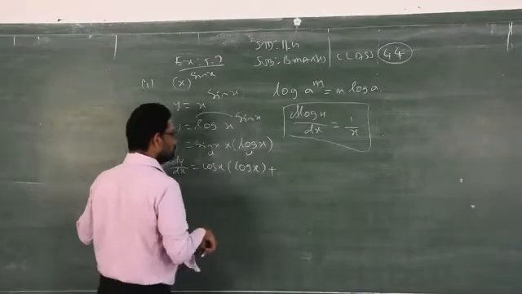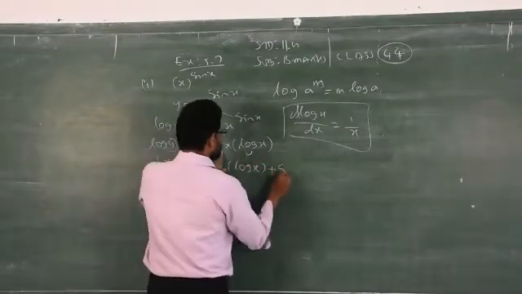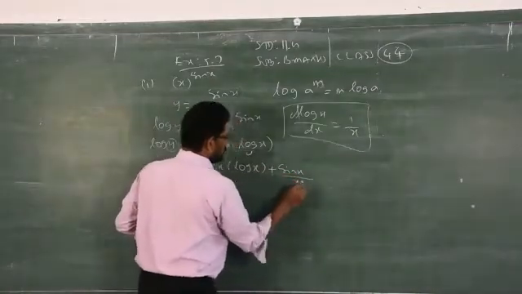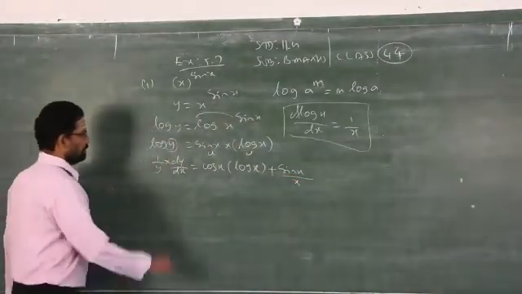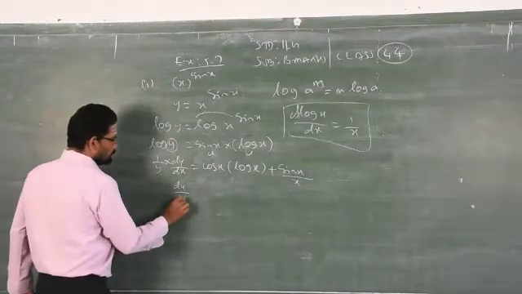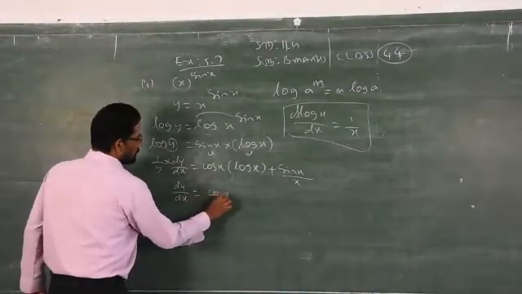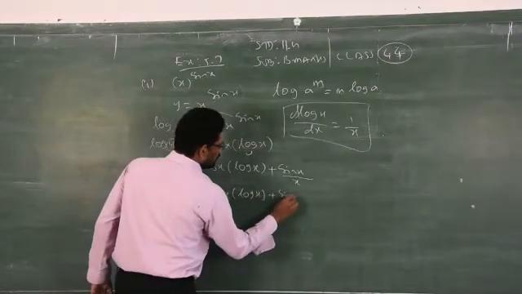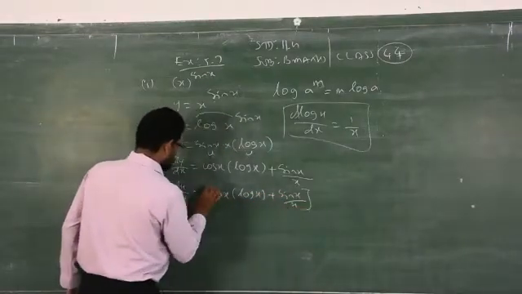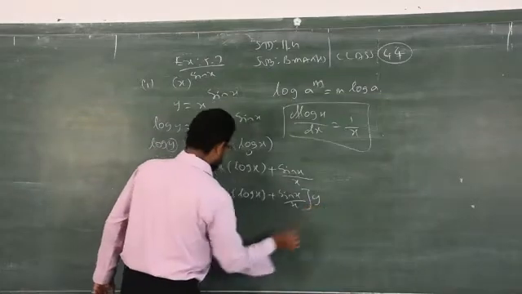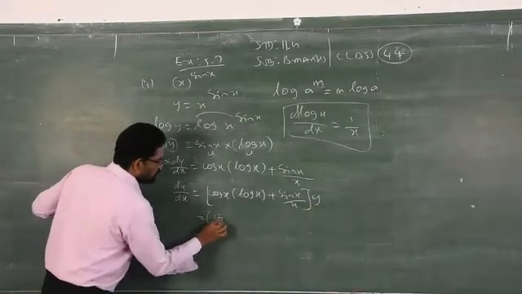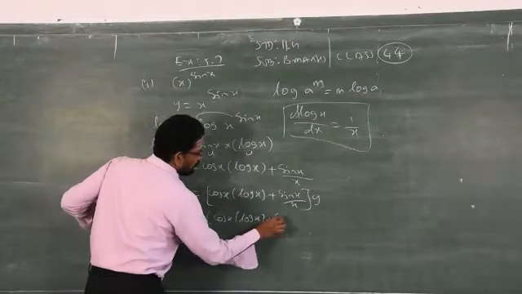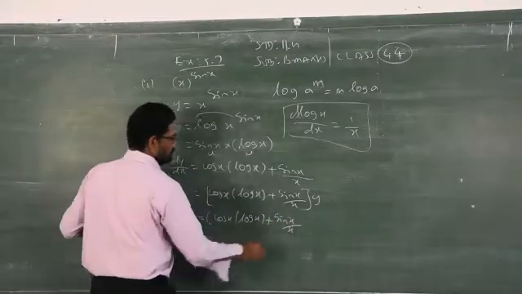Plus sin x, keep the sin x as it is, then differentiation of log x will be 1 by x, that is sin x by x. So dy by dx is equal to cos x log x plus sin x by x, into y.